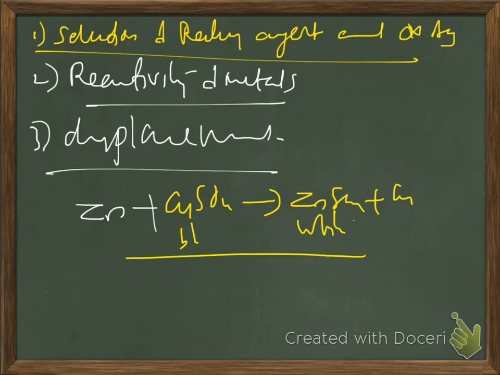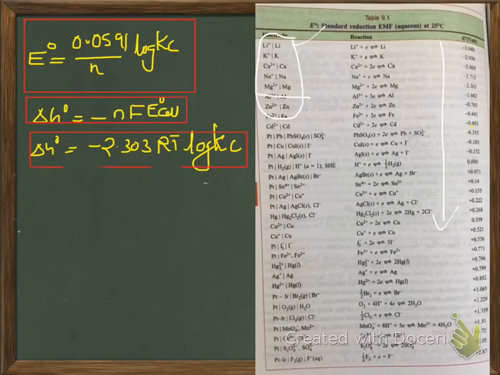The real reaction is that more reactive zinc displaces less reactive copper from the salt solution and becomes zinc sulfate. This kind of displacement is possible in electrochemical reactions, and the outcome of such reactions can be predicted using the electrochemical series.